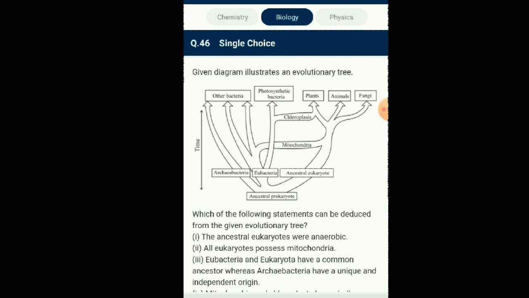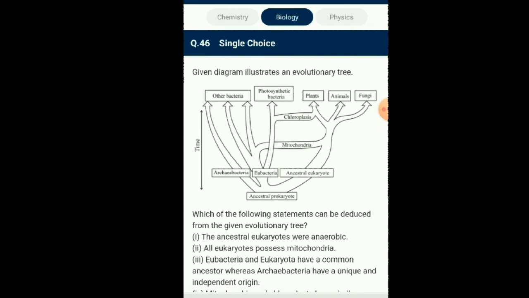Mitochondria arise due to endosymbiosis of aerobic bacteria and similar endosymbiosis of photosynthetic bacteria gives rise to the chloroplast. Thus, it can be interpreted that earlier eukaryotes might be anaerobic, later they became aerobic. Plants, animals, and fungi all have mitochondria, but chloroplast is unique to the kingdom Plantae.